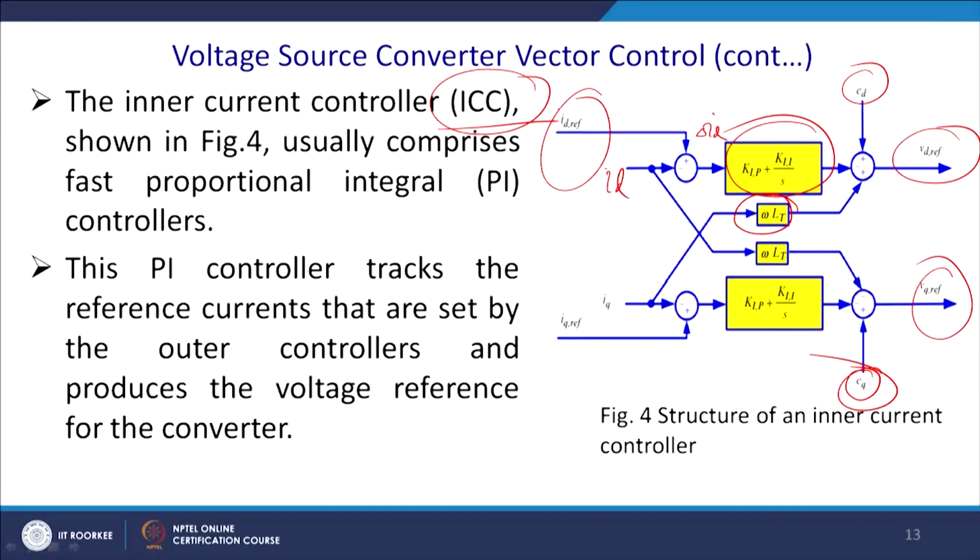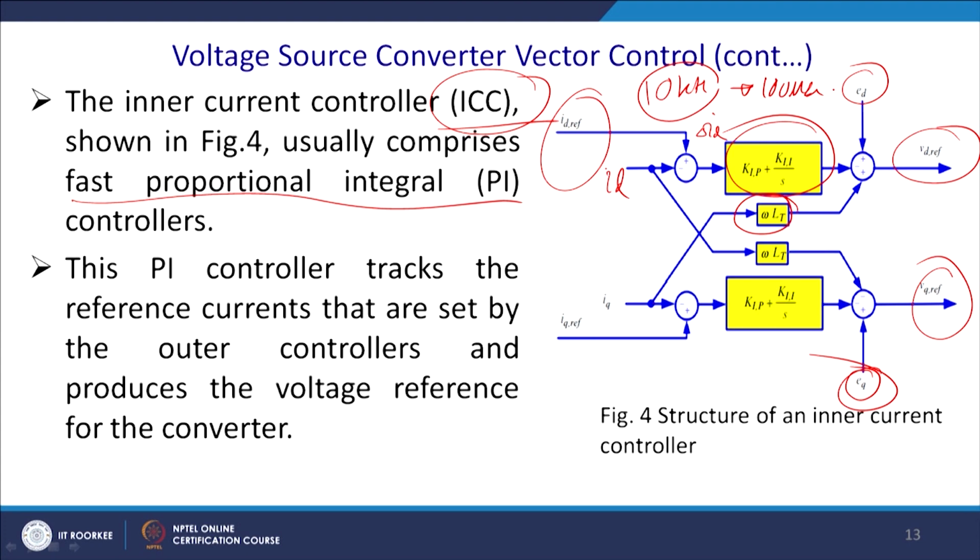So, we can say that this inner current control, that is ICC in abbreviation, is shown in figure 4 here, and usually comprises a proportional PI controller. Its bandwidth has to be very high, so it depends on the switching frequency. If you have a 10 kilohertz switching frequency, that means you will get around 100 microseconds, and we expect that within 10 cycles you will compensate an error.